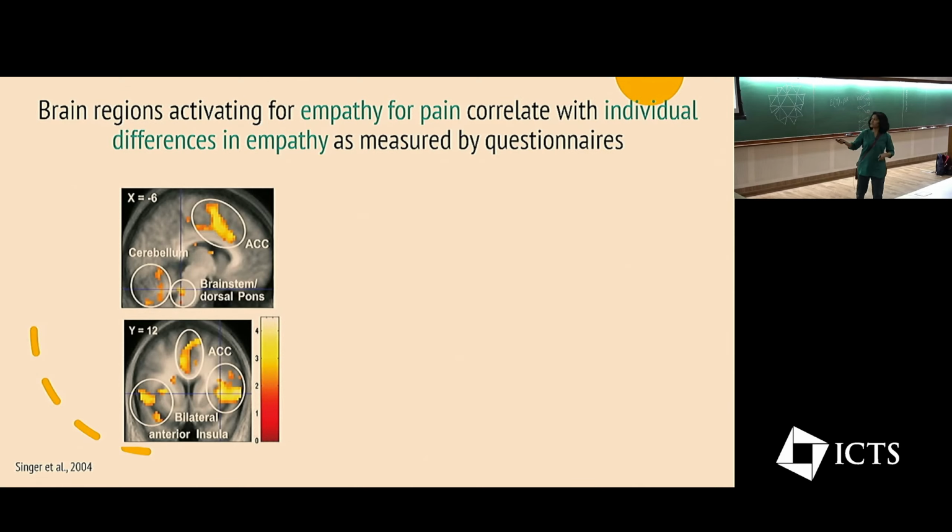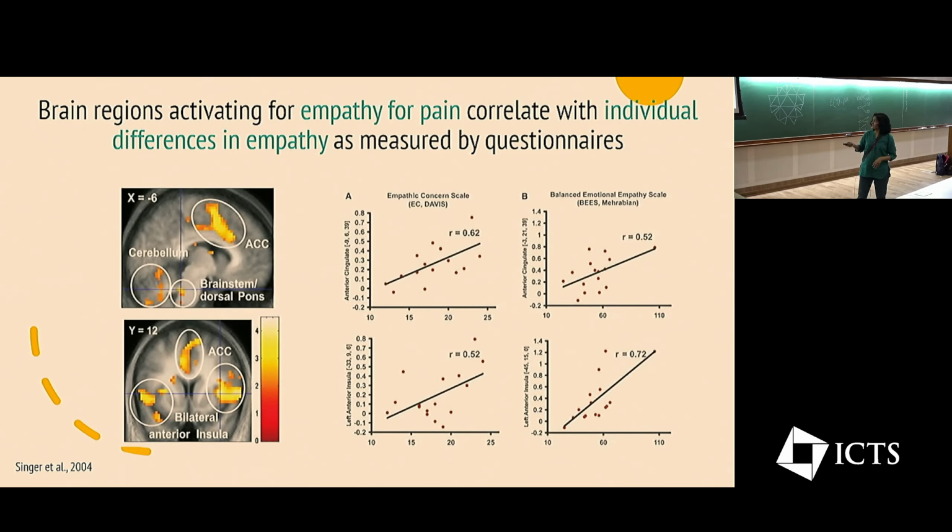So these are two regions that were found to specifically get activated when people reported feeling bad for someone else's pain. And interestingly, not only was the activity higher, this activity correlated with the subjectively reported extent of empathy.